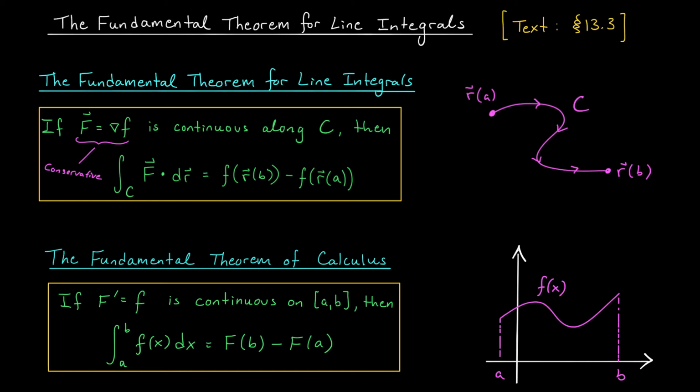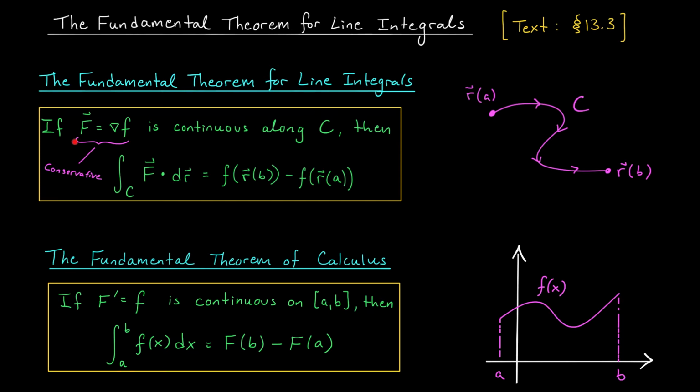Before we jump into some examples, there's an important connection that has to be made. Hopefully this theorem reminds you of another fundamental theorem, the fundamental theorem of calculus. This result says that if you have a function capital F whose derivative little f is continuous on [a, b], then the integral of little f from A to B is equal to capital F at B minus capital F at A. We plug in the endpoints to the antiderivative and take the difference.